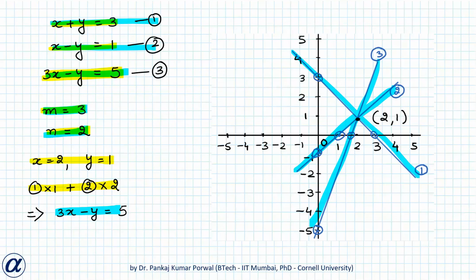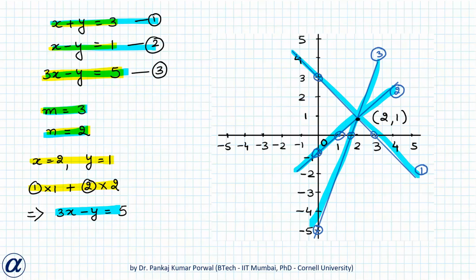Now, generally, it is not easy to identify linear dependence of equations just by observation. So now, how do we in general know whether a system of equations where the number of equations and the number of unknowns are different is consistent or not?